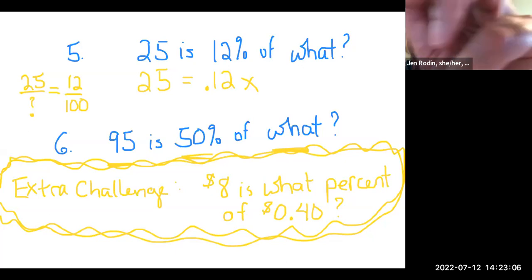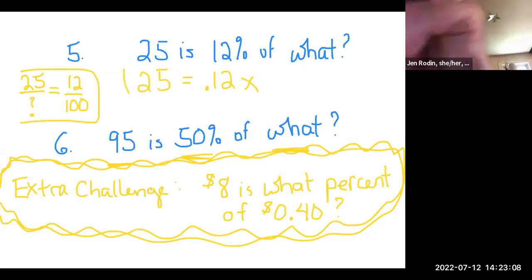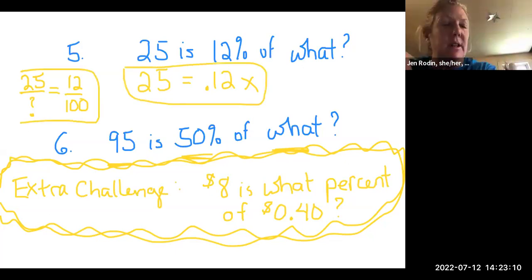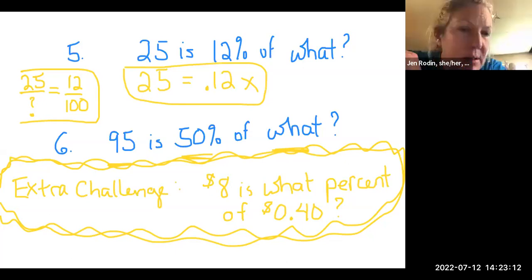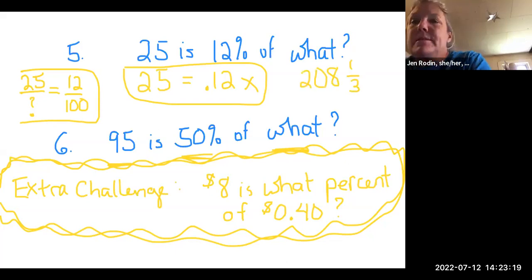So there's that way or that way. Either one is perfectly fine. That one came out to be a weird one though, because I made that up off the top of my head. So it was 208 1/3. That was not my best. I ended up with 2,500 divided by 12. It didn't come out really steadily. You could have said 208.3. I'll accept that too. So that's fine.